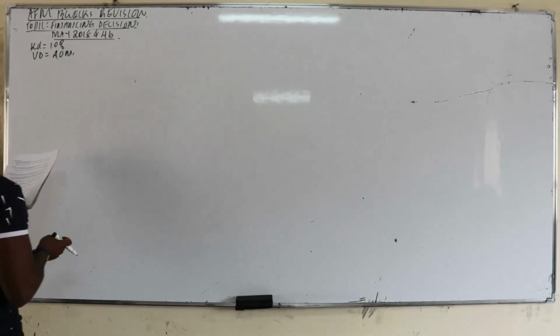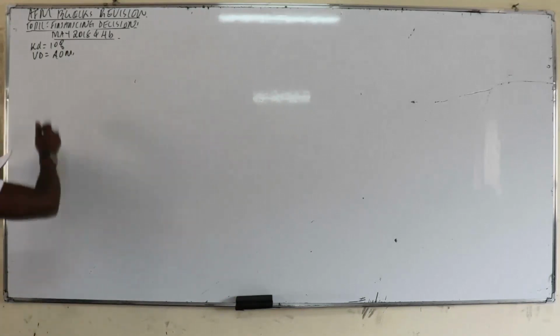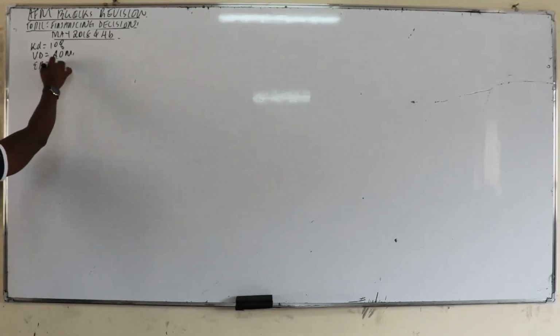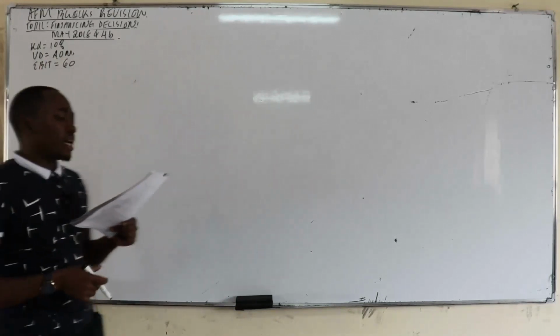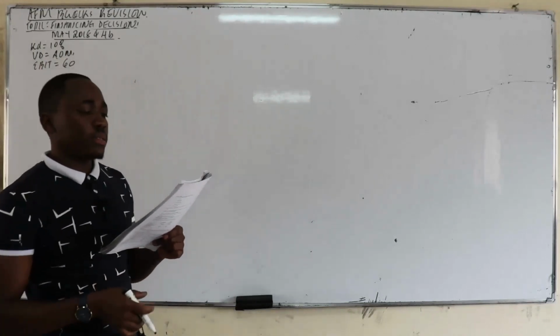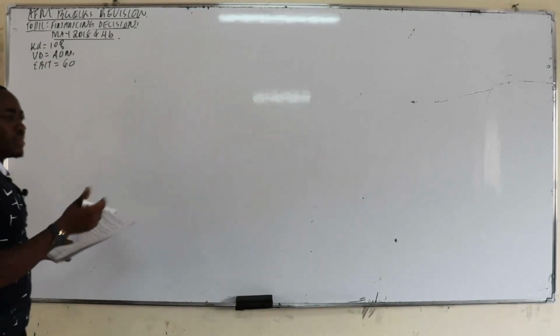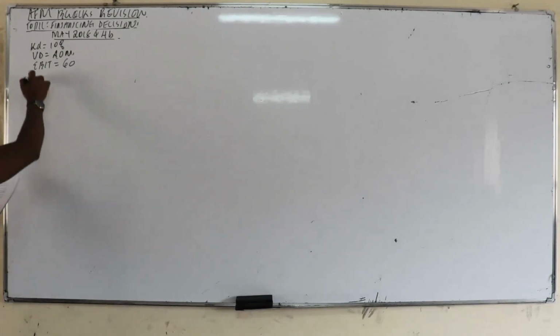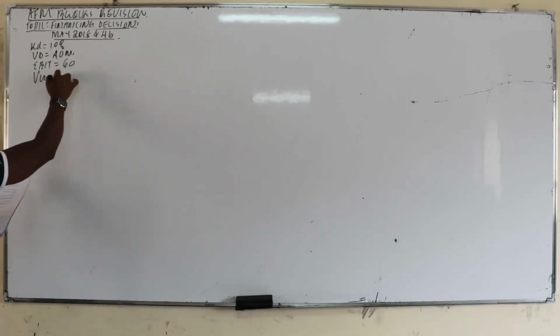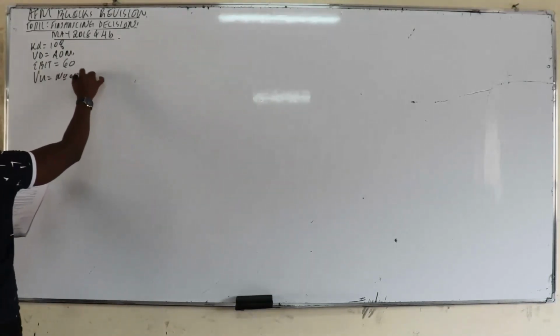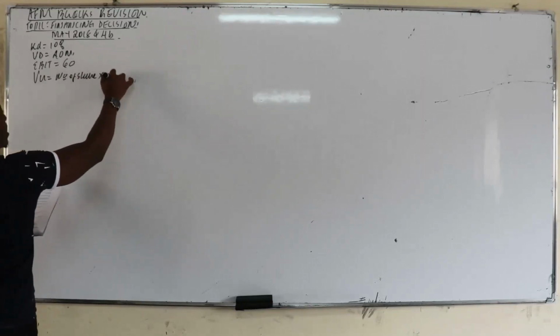This is expected to remain constant each year in perpetuity. EBIT 60. The firm's ordinary shares are currently trading at a market price per share of 200 at the security exchange. The firm is ungeared. So to get the value of the ungeared firm, you can just take the current number of shares, you multiply by the market price per share. Let's go to the capital structure.